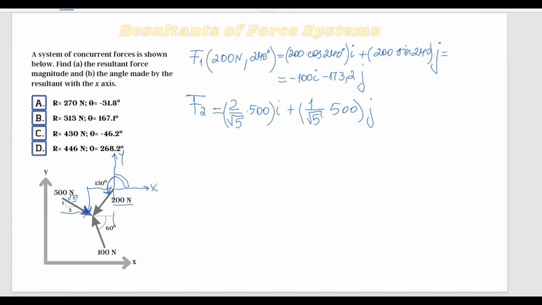So here, the j component is going to be minus.